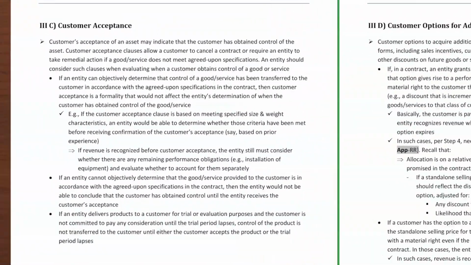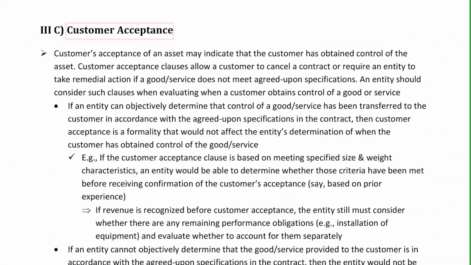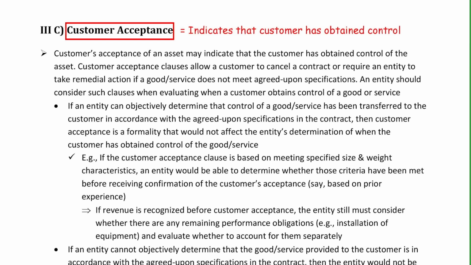On page 66, put a box around customer acceptance, which indicates that the customer has obtained control.